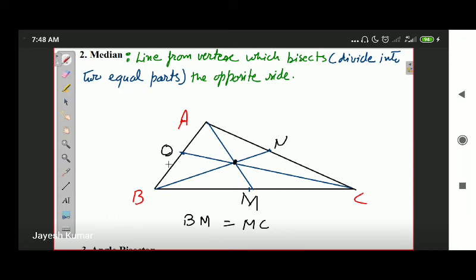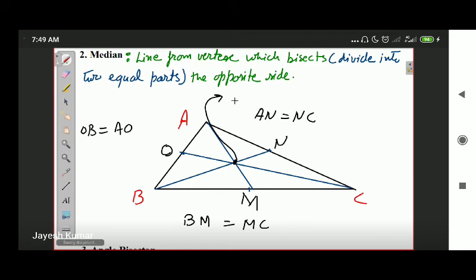In the same manner, line segment AO is equal to OB, and AN is equal to NC. What does the median do? It divides the opposite line segment into two equal parts. Now, all these three medians are meeting at the same point.